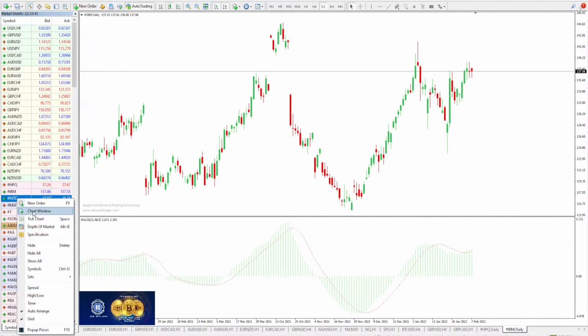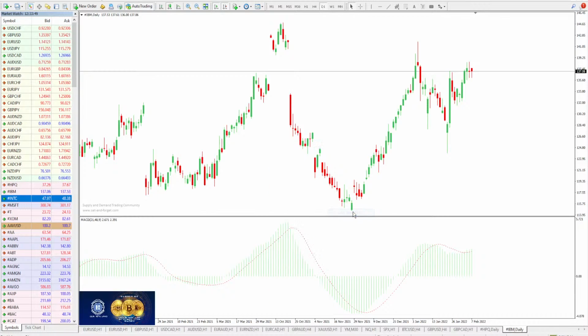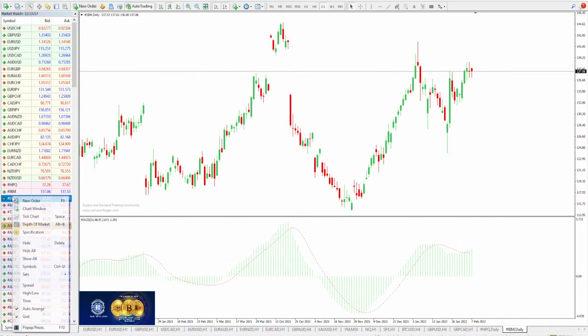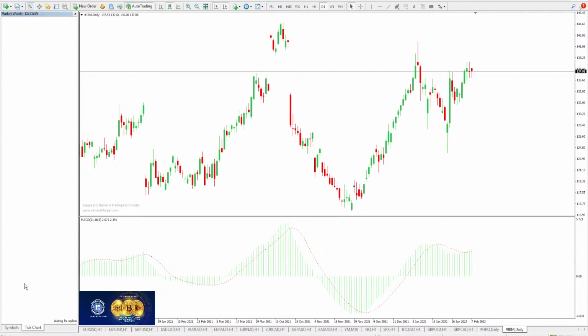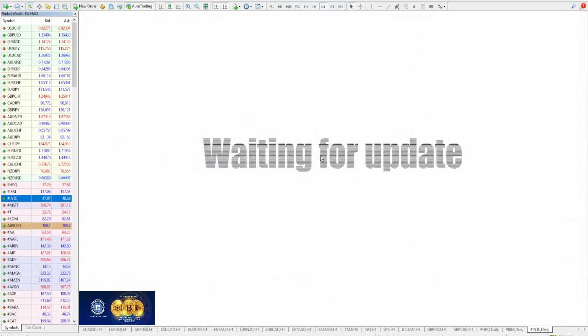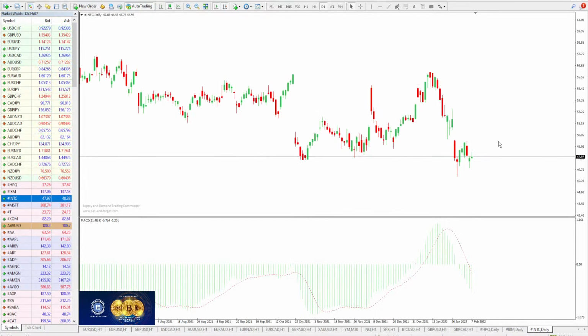Here is Intel. Intel did drop a little bit from 56 to 47.97.